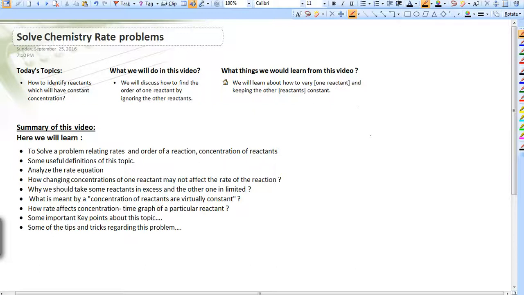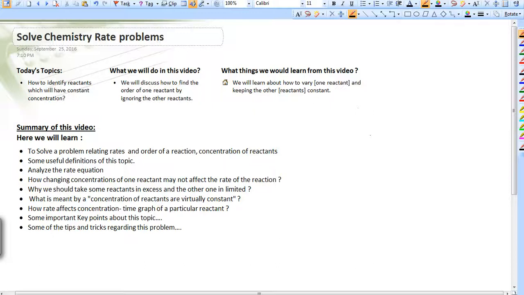Let us first look at the summary of this video. Here we will learn to solve a problem relating rates and order of a reaction, concentration of reactants, and some useful definitions of this topic. We will analyze the rate equation, how changing the concentration of a reactant may affect the rate of the reaction, and why we should take some reactants in excess and the other one limited.